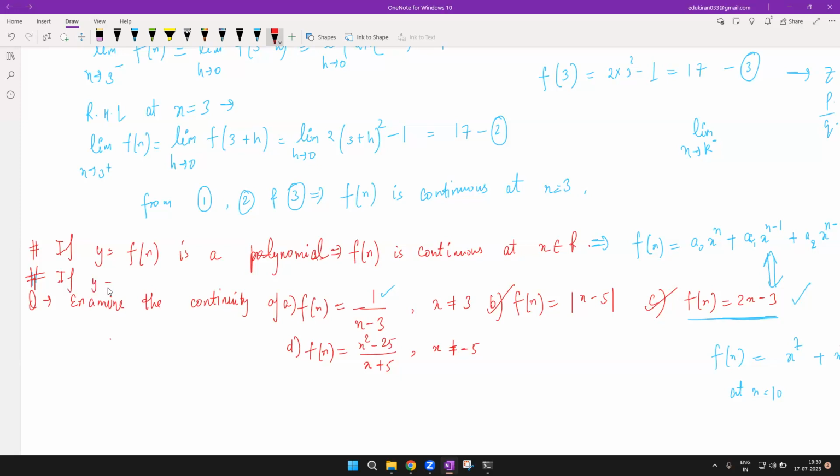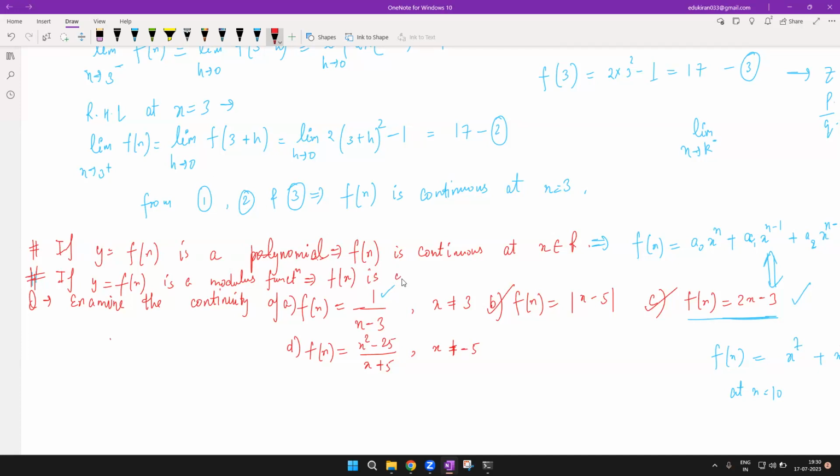So if y is equal to f(x) is a modulus function, then also f(x) is continuous. But because you are just starting out on continuity, that is why we wanted you to solve these questions for yourself. But now you can remember the results because you have already checked it.